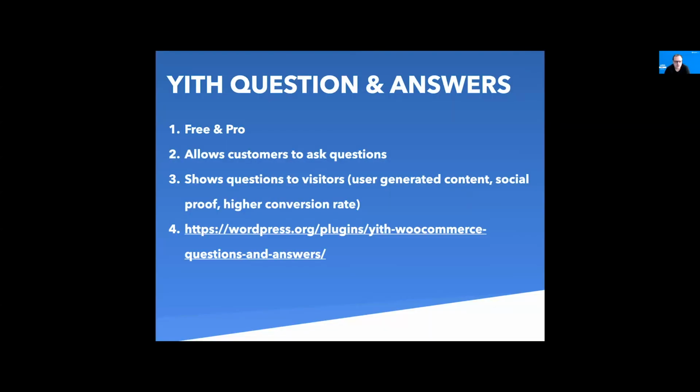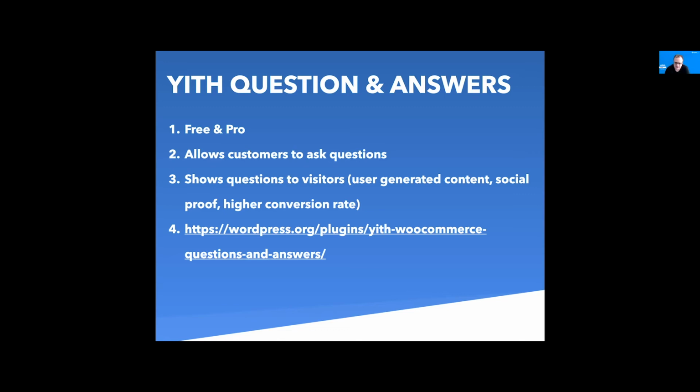Once we go into your website, you want to make sure that people can get in contact with you as much as possible, or if you have suggestions that you can take from people, you can actually install this plugin called WooCommerce Question and Answers, and it allows your customers to ask you questions on a product.